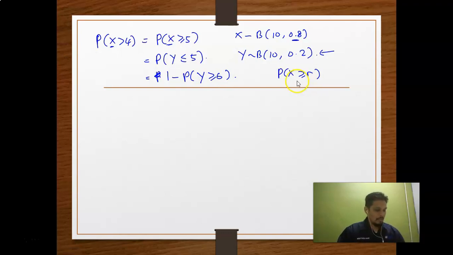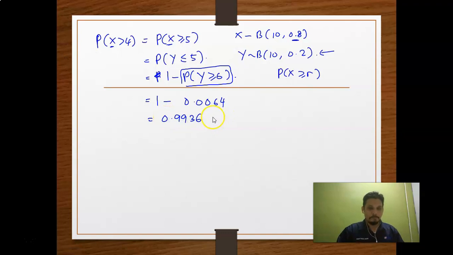Okay, so meaning here, it is 1 minus, so find out this in the box, it gives you 0.0064 and is equal to 0.9936.